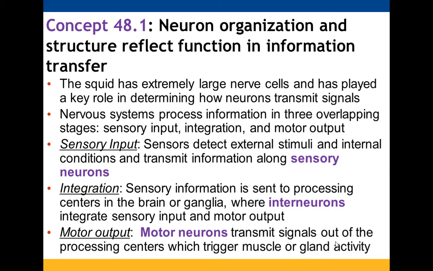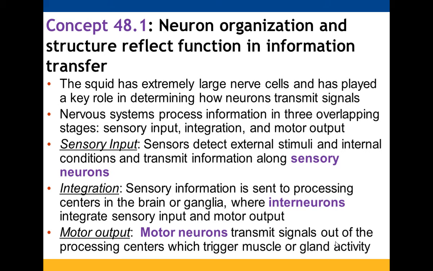Okay. Neuron organization structure is going to show us how structure plays a role in reflecting function in that information transfer. In other words, neurons have different shapes depending on the type of neuron that they are representing. We have three overlapping stages in which nervous systems are able to process that information from their neurons. We have sensory neurons, which are the ones that are able to detect external stimuli, internal conditions.